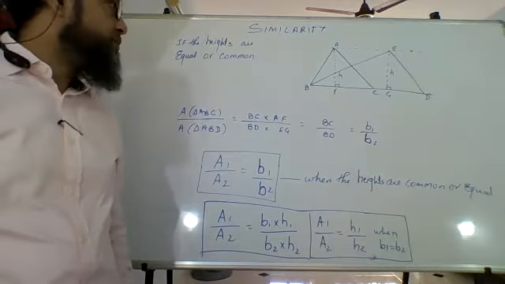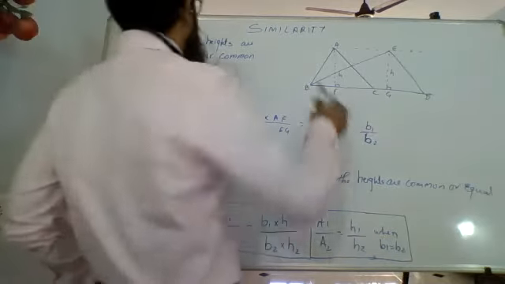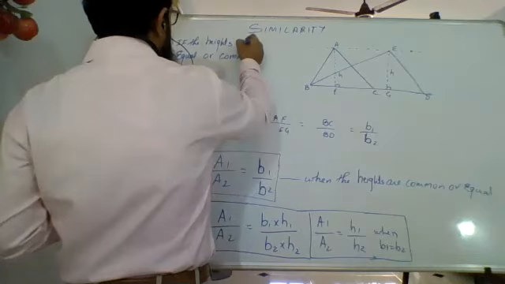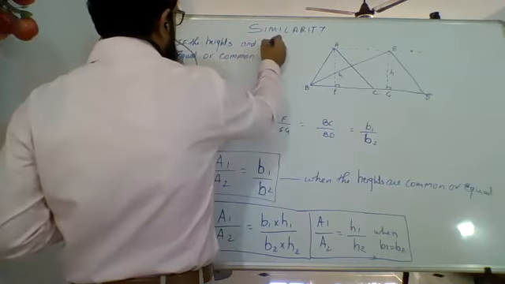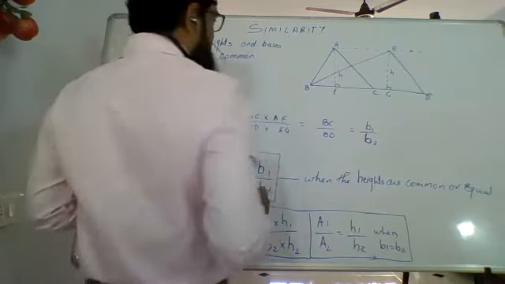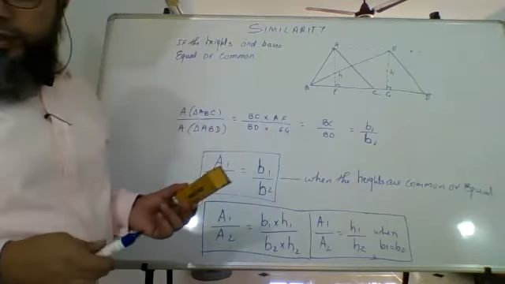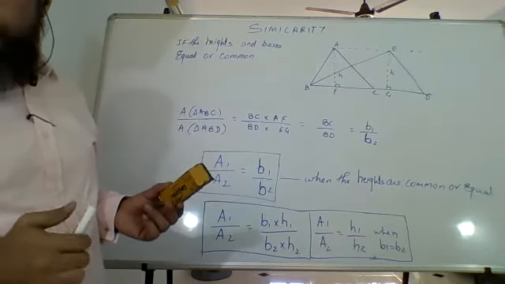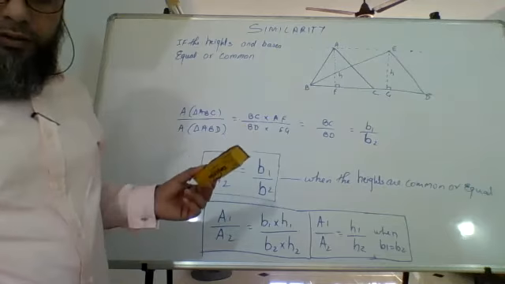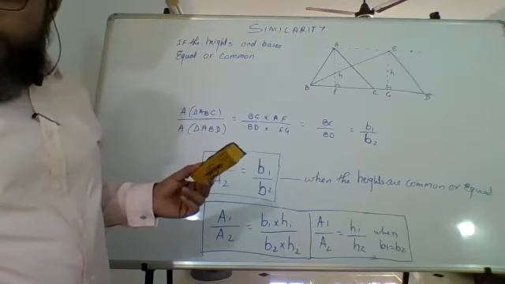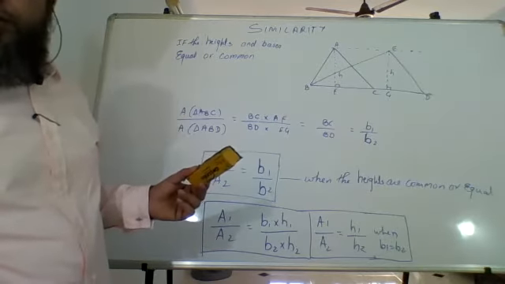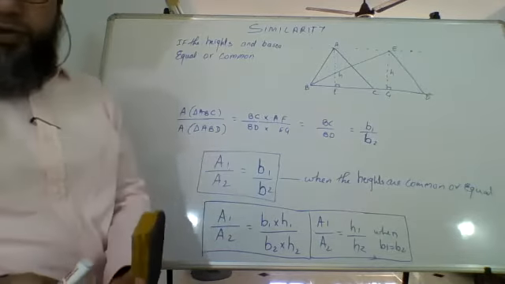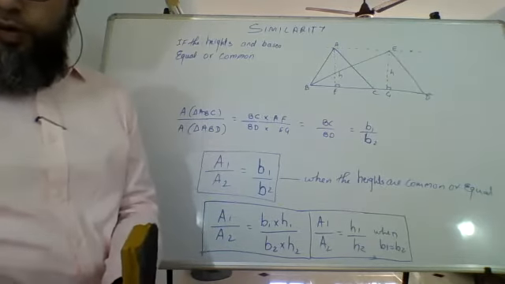Then what happens? Sir, how can that be? That I'll show you. I have magic with me. If the heights are also equal and the bases are also equal, then what happens? We'll see that also.